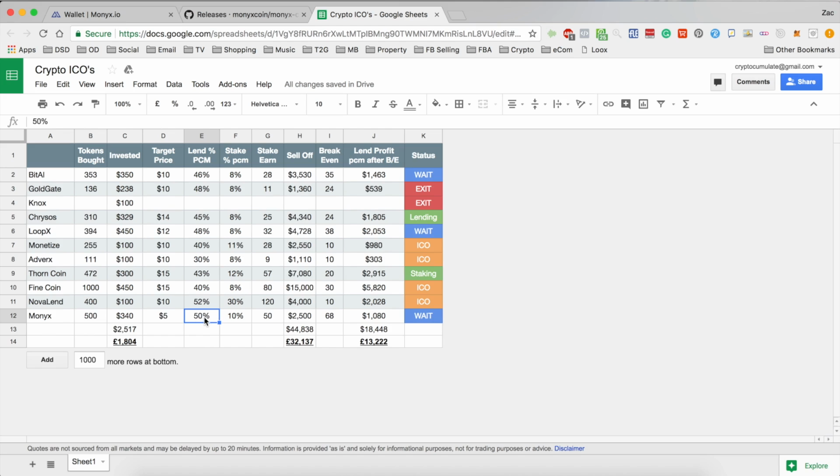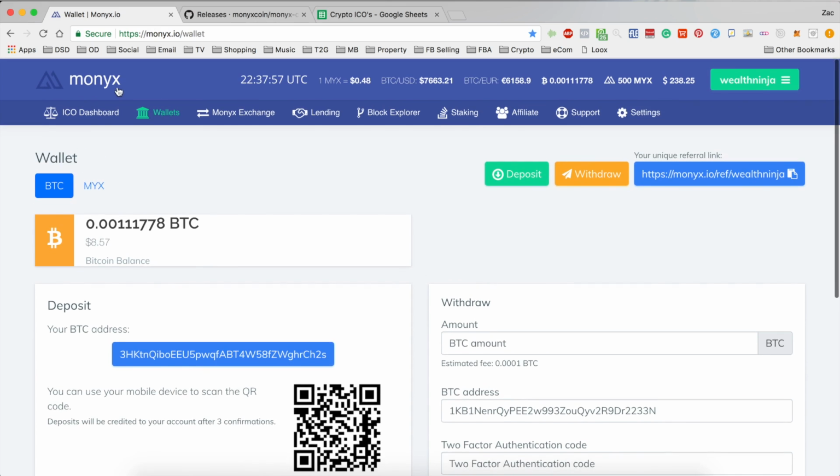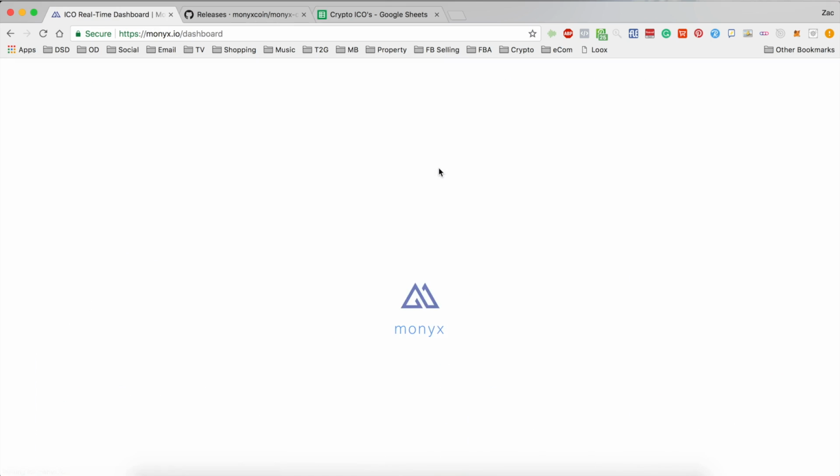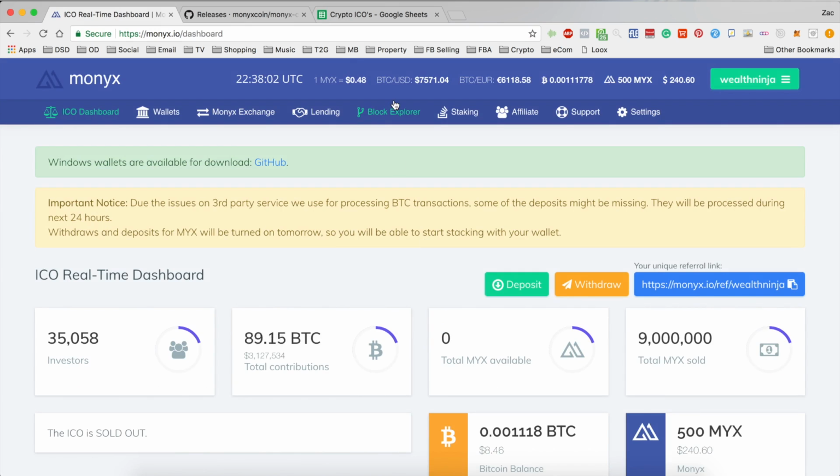I've left it at the lowest, 50%, because I like to be conservative in these calculations, just so I'm not getting my hopes up too much. And again, the staking percentage is pulled from there. I've not double checked this, I'm not sure if that's completely right, but I'll check later. Well, in fact, if we come over to Monyx, let's double check now.